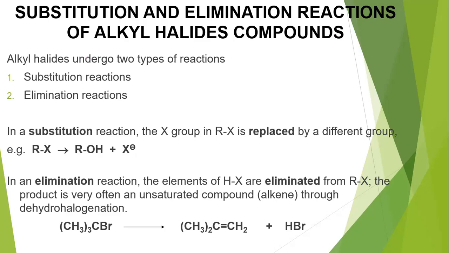Alkyl halides undergo two types of reaction: substitution reaction and elimination reaction. In substitution reaction, the X group in the RX is replaced by a different group. Substitution is a replacement reaction, so one group will come and substitute the other. In this case, the X group is being replaced by the OH group.